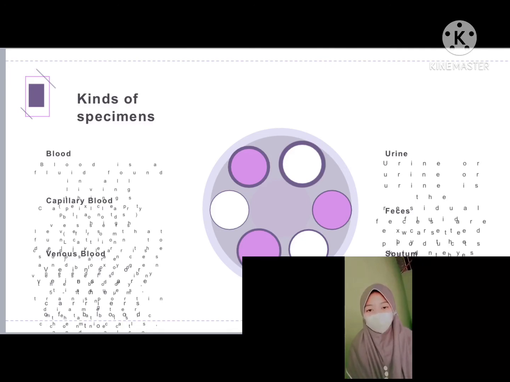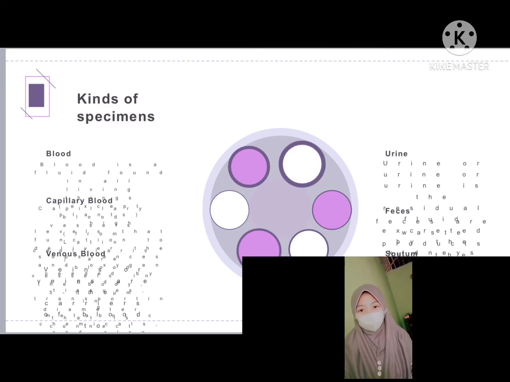Urine. Urine is the residual fluid excreted by the kidneys, which is then excreted from the body through the urination process. Feces. Feces are waste products of the digestive tract of animals and humans, which are excreted through the anus or cloaca.